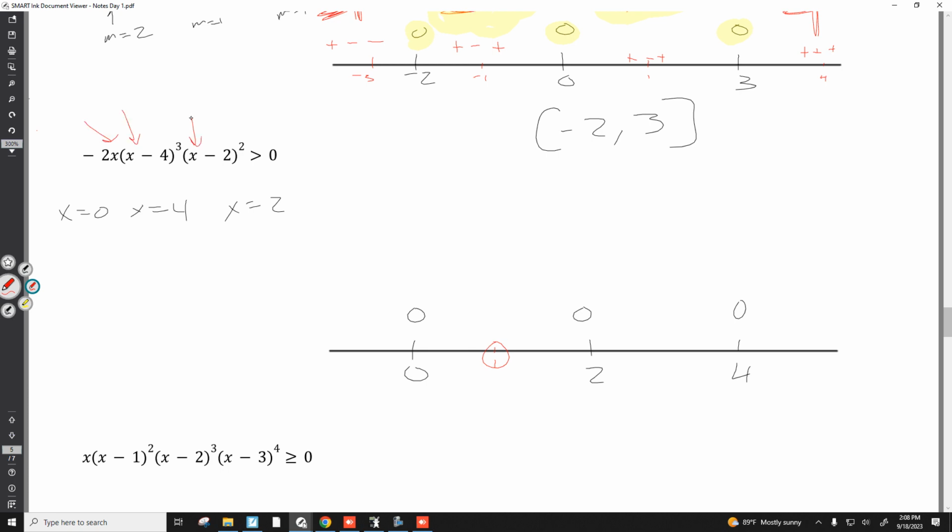We don't care about the number. Okay? So, -2 times 1. I'm going to say that is a negative. 1 minus 4 cubed. That is a negative. 1 minus 2 squared. Positive. A negative times a negative times a positive is a positive. It will be positive for every value between 0 and 2. It has to be.